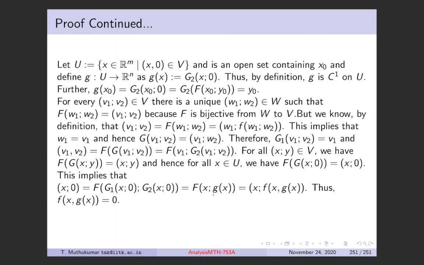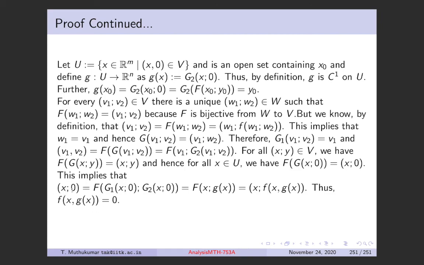So F of (x, g(x)). And by the definition of capital F, it is just the identity on x, which is x, and then F of (x, g(x)). So this tells us that f of (x, g(x)) is 0. Why?